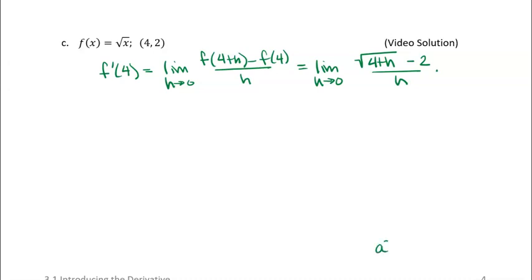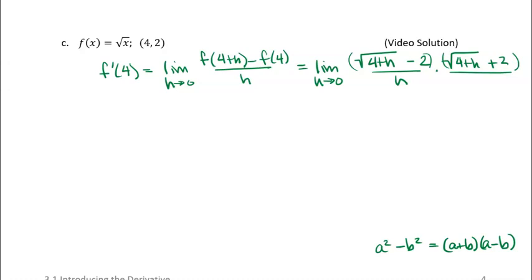If we have a squared minus b squared, that's equal to a plus b times a minus b, okay? So the conjugate of the square root of 4 plus h minus 2 is the square root of 4 plus h plus 2. Okay, and that way when we FOIL these two things out, the middle term will go away and we get the difference of two squares.